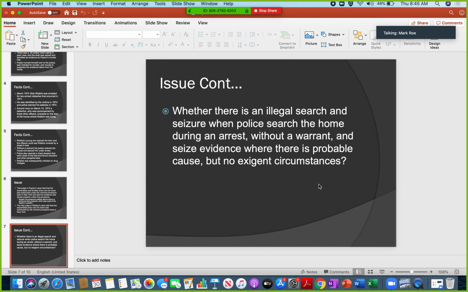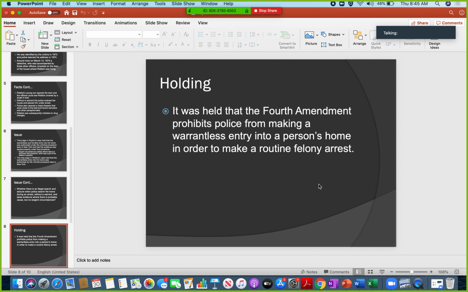So the holding is how the Supreme Court rules. It's the majority opinion. Okay. So for the holding in the Payton versus New York case, the majority of the justices said it was held that the Fourth Amendment prohibits police from making a warrantless entry into a person's home in order to make a routine arrest. Okay. That's how the court rules. Now, that answers the holding.